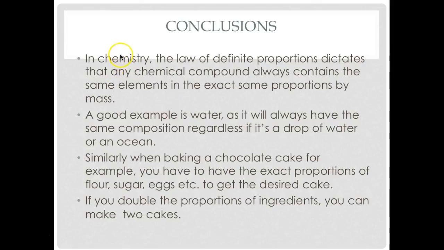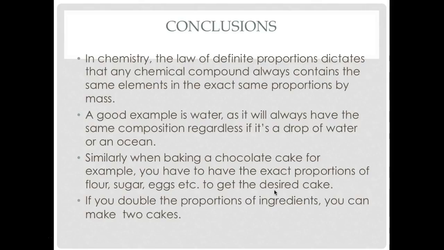For example, when you're doing something in the kitchen like baking a chocolate cake, you have the exact proportions of the flour, sugar, eggs, all the ingredients to make the desired cake. If you want to bake one cake, then you will follow that recipe.